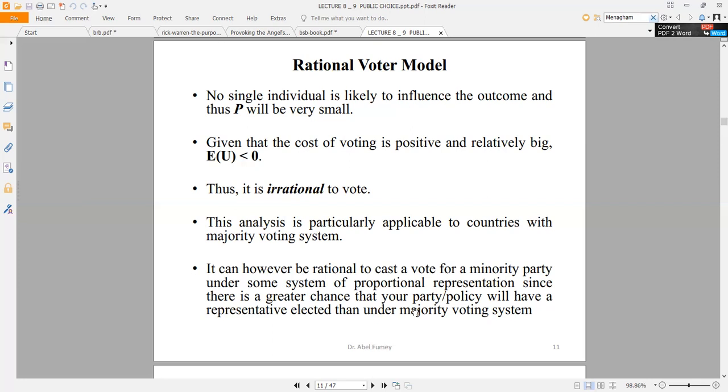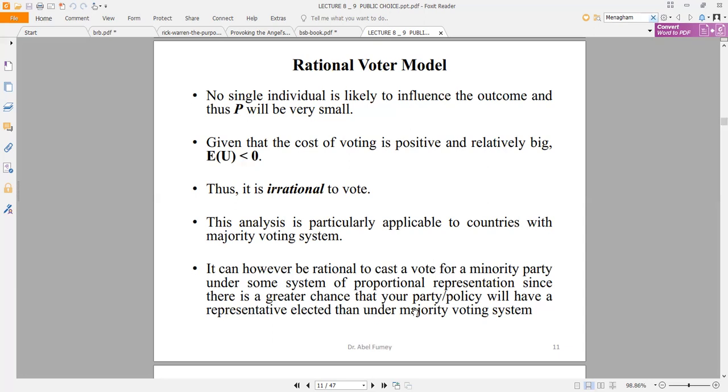And if you are engaging in an economic activity and the expected utility is negative, we expect you not to engage in the activity at all. So if the expected utility from voting is negative, then why should you vote? Yet people vote. That is where the paradox of voting comes in. So it is considered irrational for people to vote, yet they do vote.